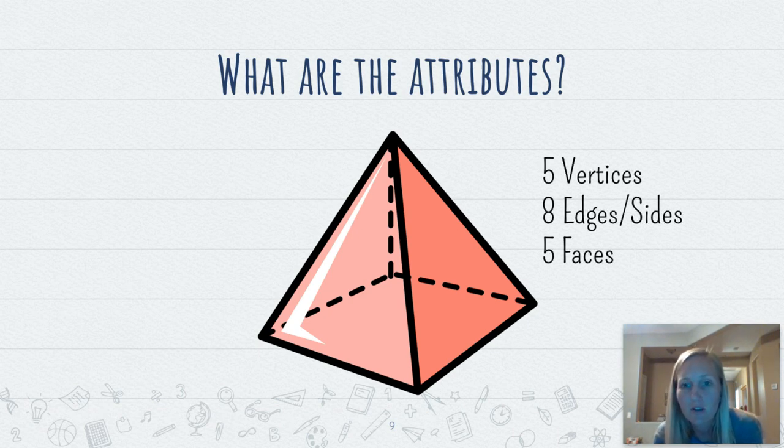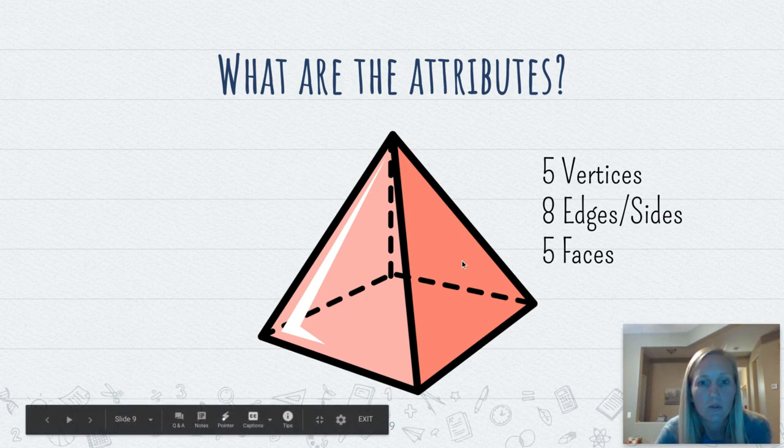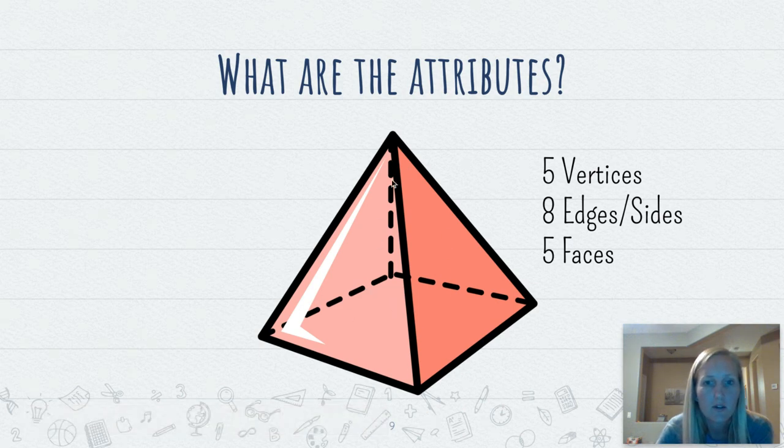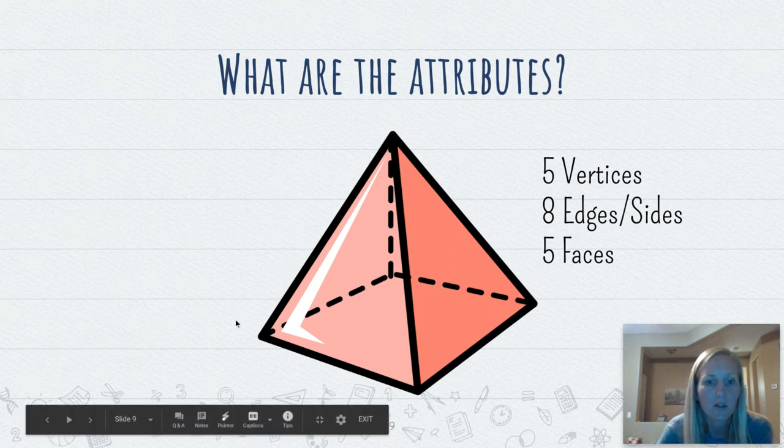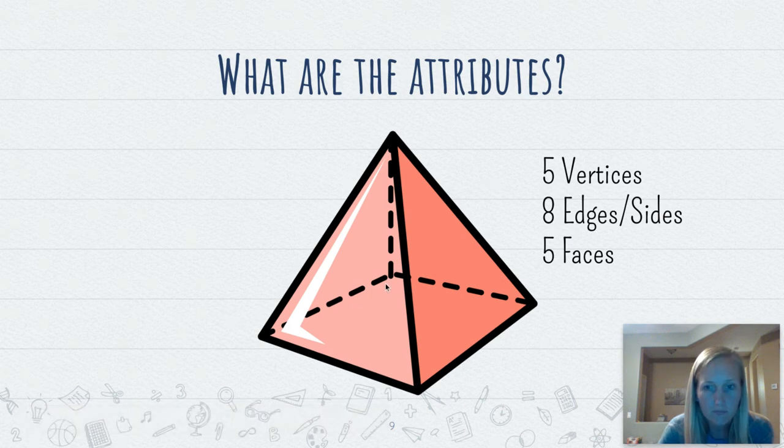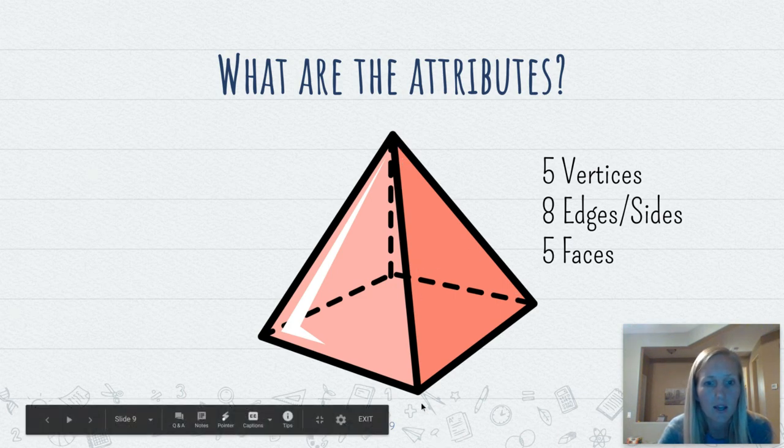All right, we got 5 vertices, 8 edges or sides, and 5 faces. So look, 1, 2, 3, 4, and 5 faces. Vertices, 1, 2, 3, 4, 5. And our edges, 1, 2, 3, 4, 5, 6, 7, 8.